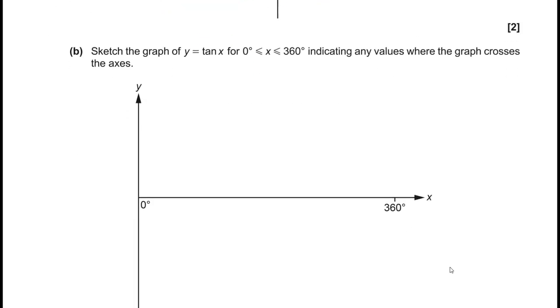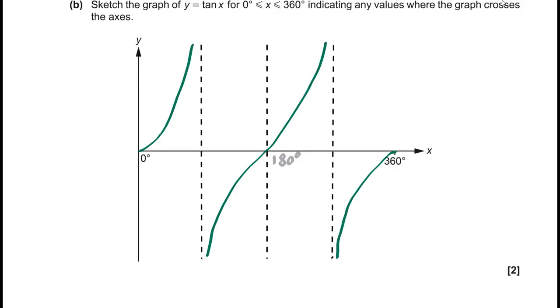For part B, we have to sketch the graph of y equals tan x for values of x between 0 and 360, indicating where the graph crosses the axis. So here we've got the graph of y equals tan x between 0 and 360, and it crosses the axis at 0, 180 and 360.